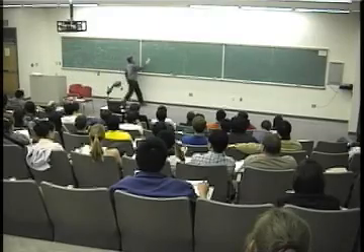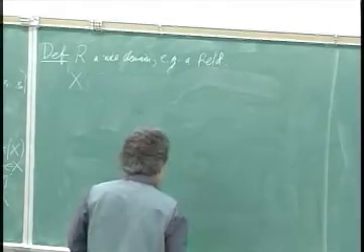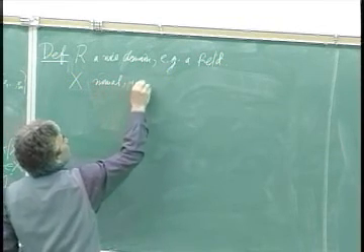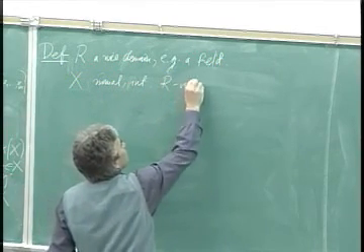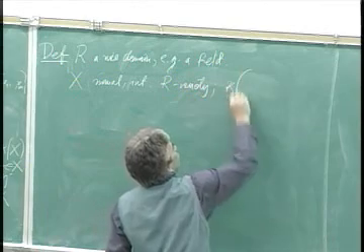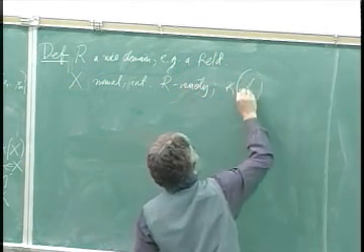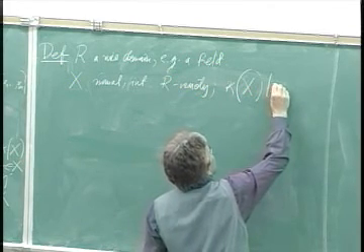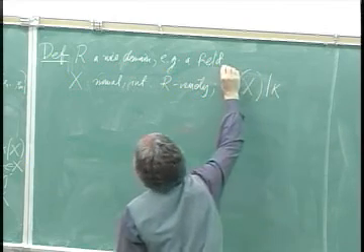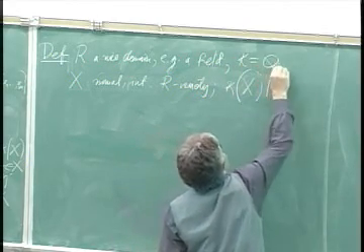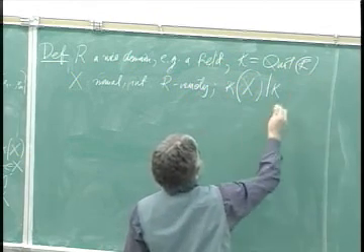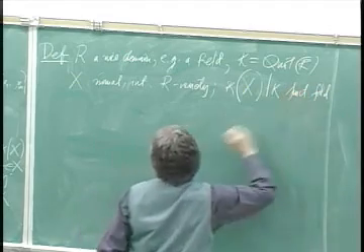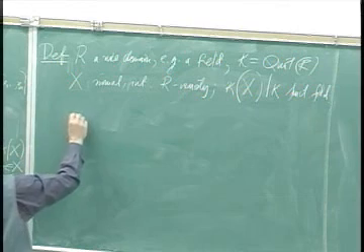Nice includes everything, yeah. So normal, integral R-variety, and kappa of X goes to kappa of X viewed over K, where K is the quotient field of R, should be the function field of X over R. And then you consider the following.